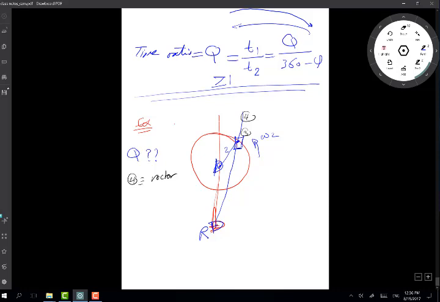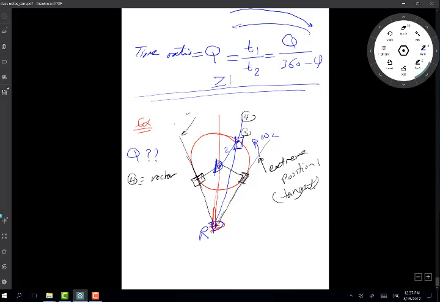As far as it will go on the right-hand side, when it's tangent, this angle will be 90 degrees. This is as far as it can go. And the other side also, when it is tangent to the other side, this is 90 degrees as well. So this is extreme position 1, tangent.